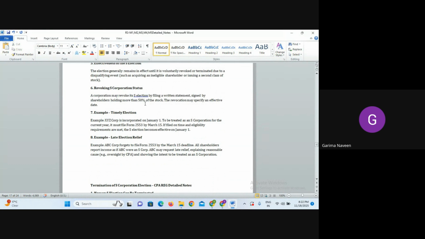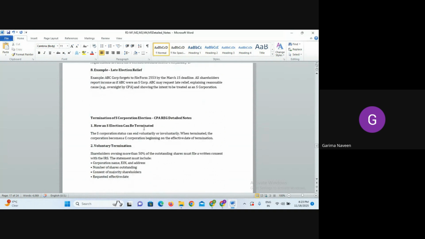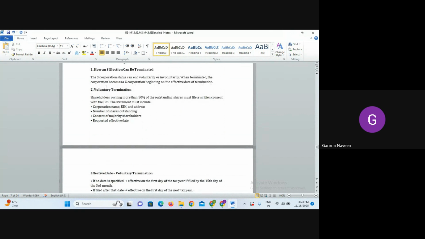Okay, so there should be a 5-year gap between the re-election. Clear? So S corporation termination we already discussed. You can voluntarily terminate. Like you did the election earlier, you can now do the same election, but now it requires more than 50% of the consent.